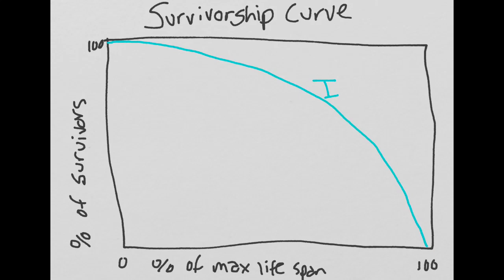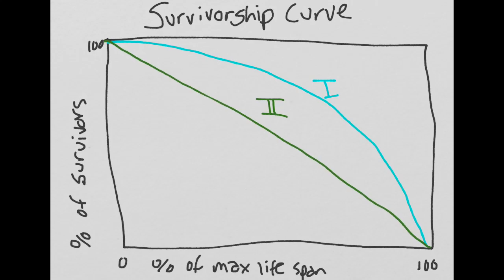Now, a second form of life history is more linear. Basically, throughout its entire life, it has equal chances of dying from birth to death. This could be like a squirrel, where in the beginning of life, the squirrel could fall out of a tree and die.